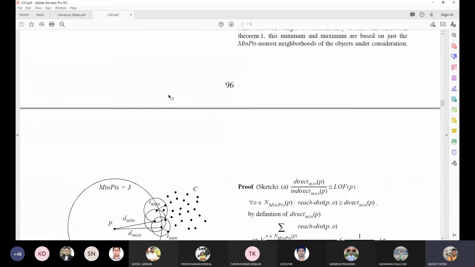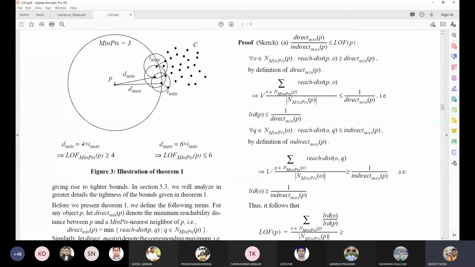Now in this figure, this is the point we are considering, and first we got the nearest neighbors of the point P: this point, this point, this point. Now for this point, you have to compute the reach distance with respect to this point. So how do you compute reach-dist? First you have to find the nearest neighbor of this point, of this point, and of this point.